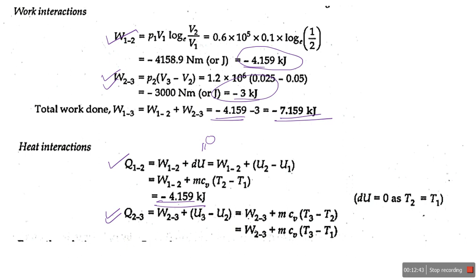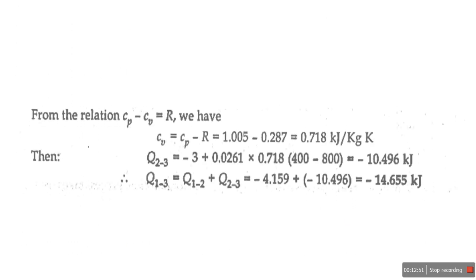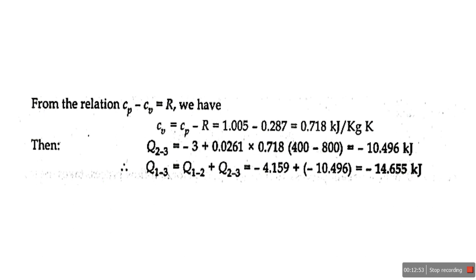Now for the isobaric process, the work done during the 2 to 3 process is with us, and the change in internal energy is mCv (T3 minus T2). But they have given Cp, not Cv, so use the basic relation Cp minus Cv is equal to R. From there we can first calculate Cv. Or for air we can remember 0.718, no issue.